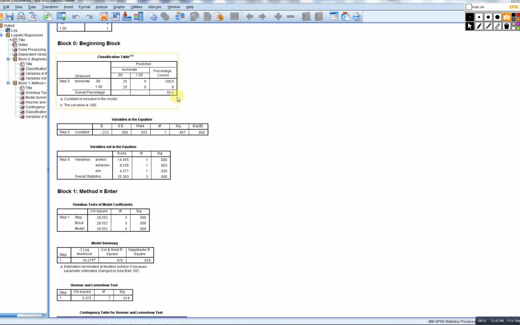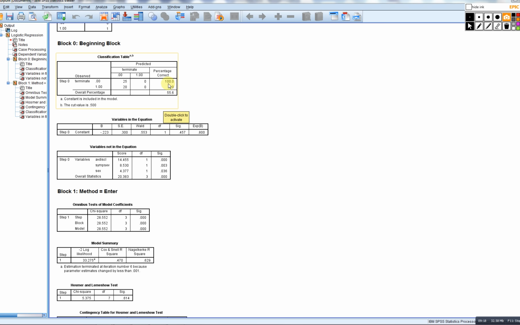You'll notice that for our terminate variable, we had 25 individuals who were observed to be in the group coded 0, and based on the intercept-only model, all 25 were predicted correctly. So we had an accuracy rate of 100%.